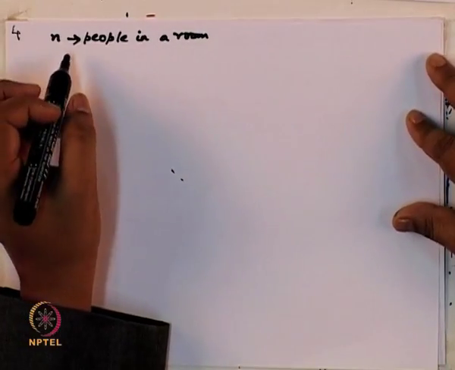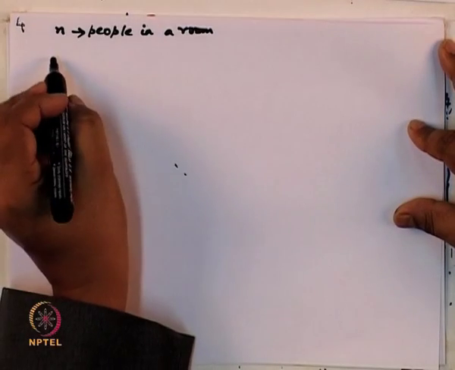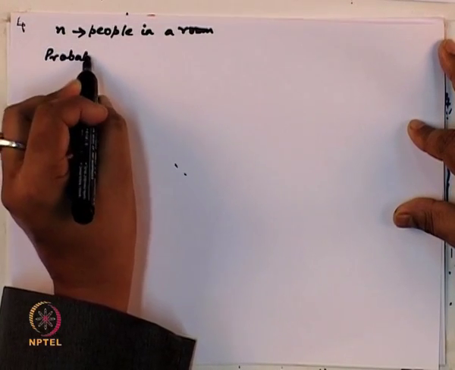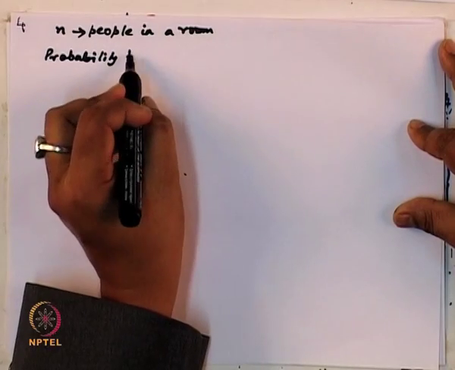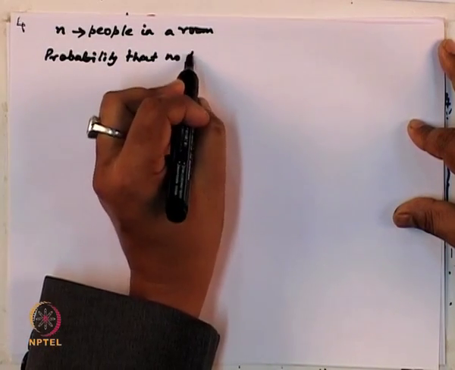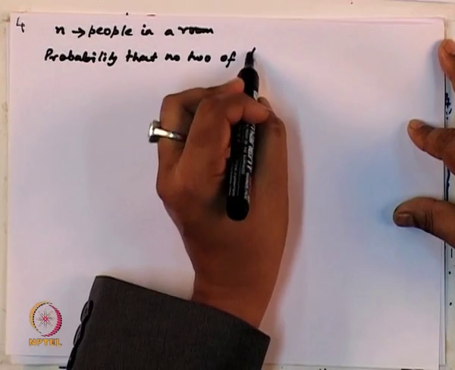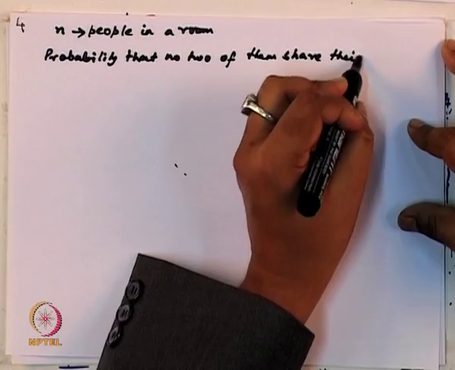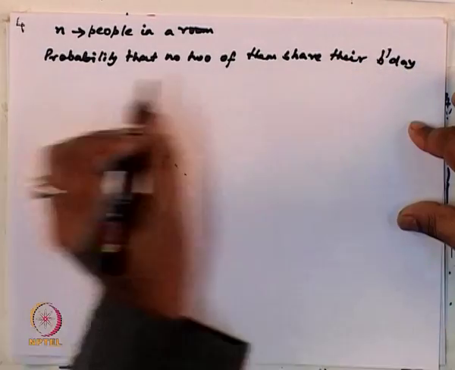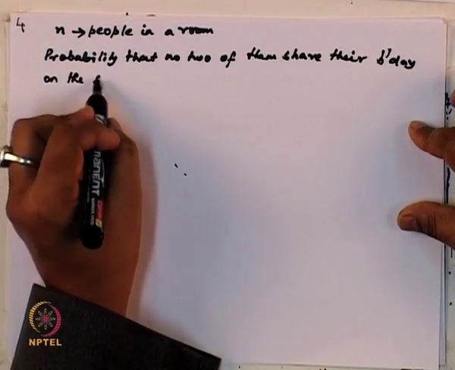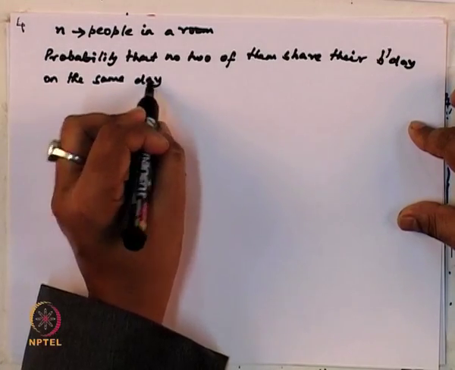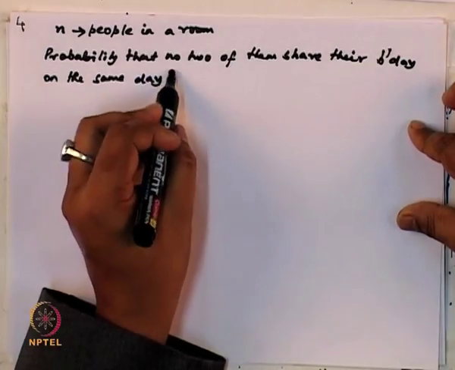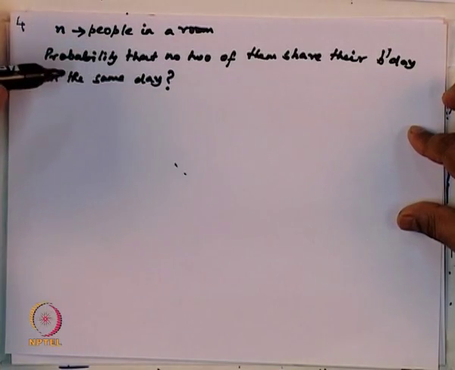What is the probability that no 2 of them share their birthday on the same day? So, you want to compute the probability that no 2 of these n people in the room share their birthday on the same day.